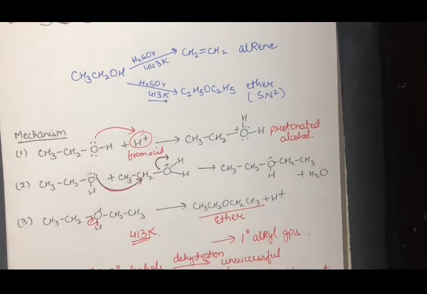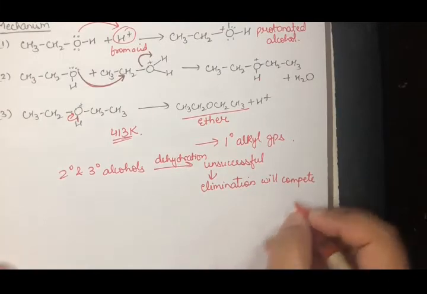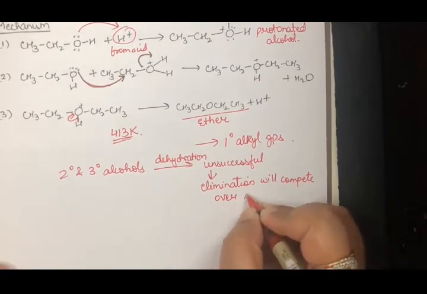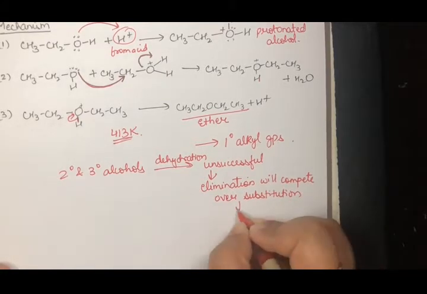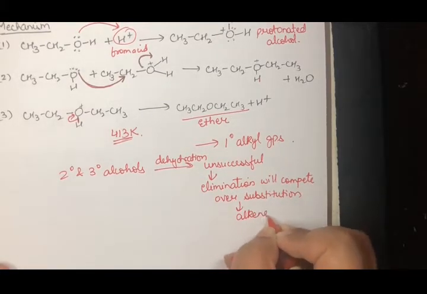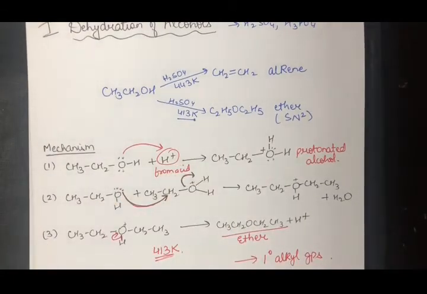This we had done in the previous chapter also. Elimination will compete over substitution and the end product would be alkene. So when we were saying that at lower temperature an ether would be formed, I was specifically talking about the primary alcohols only and not for the secondary and tertiary, because they will end up yielding an alkene.